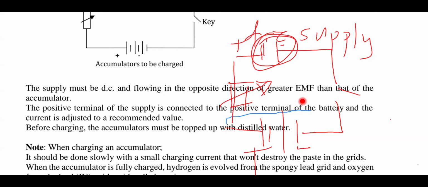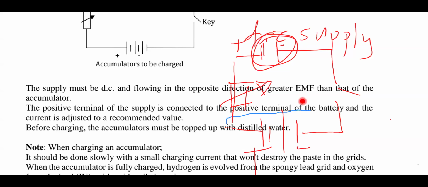Now, it means when the accumulator is fully charged, the hydrogen is going to be enveloped from the lead and the oxygen. Because the lead, when I combine lead and oxygen, is where I got lead oxide at that point.